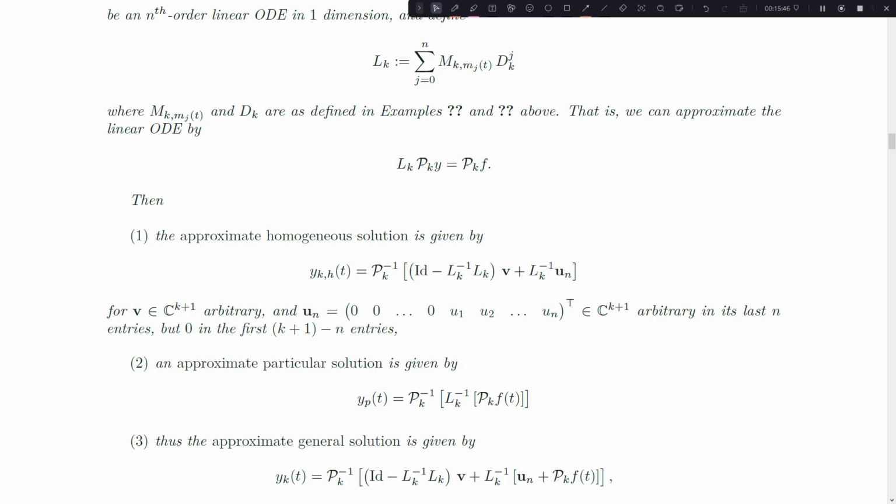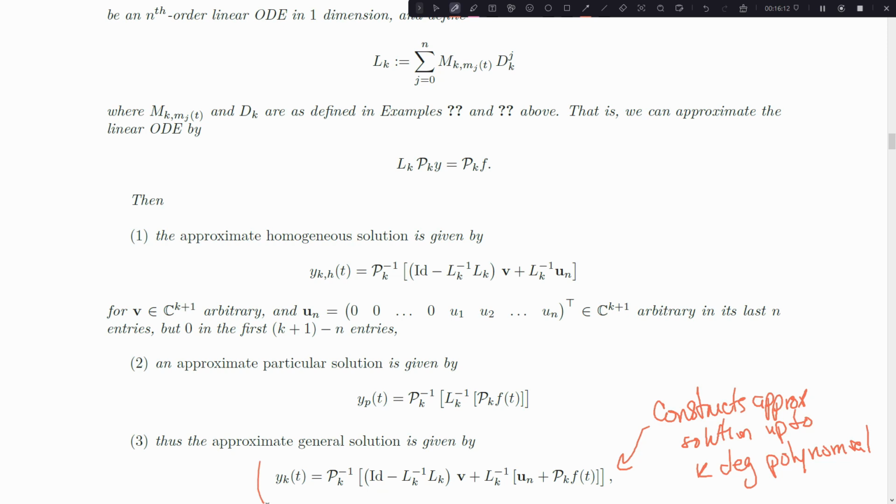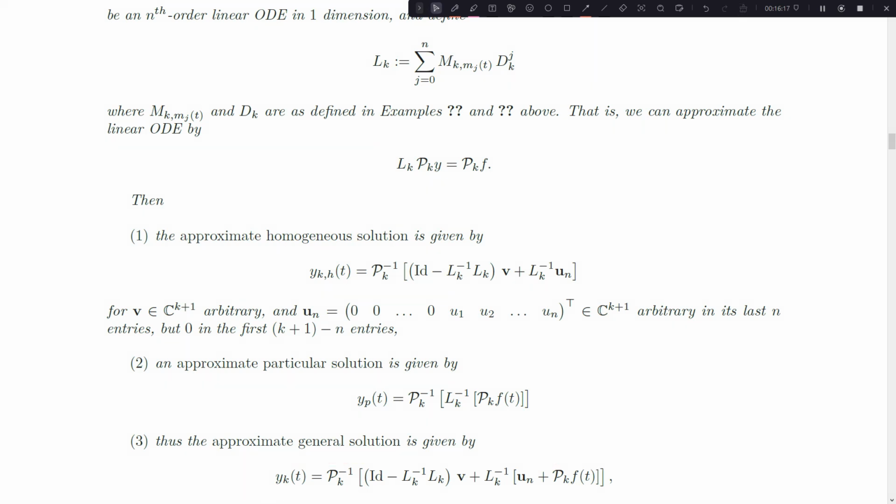I'm calling this y sub k because it's only an approximate solution up to the kth degree polynomial. So that's what I recover here, and that's why it's an approximate solution. But I have a formula that will necessarily do it for me.